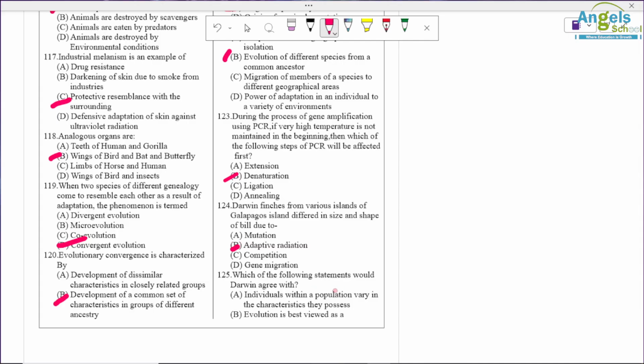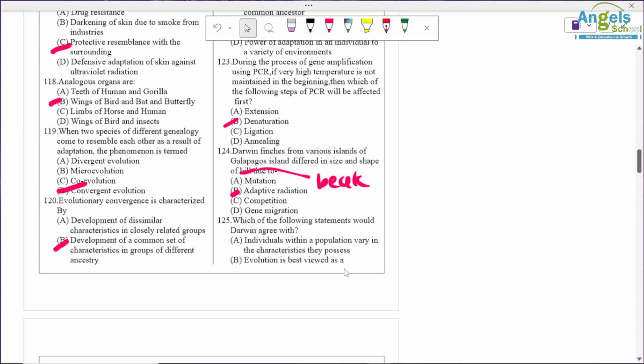Which of the following statement would Darwin agree with?